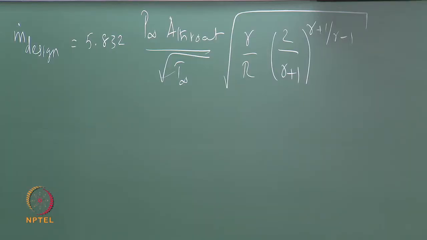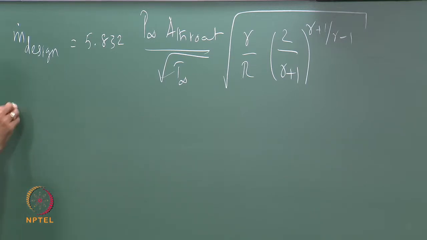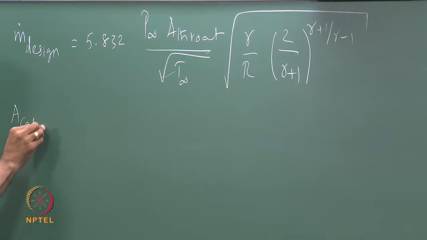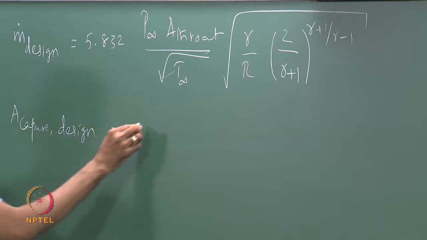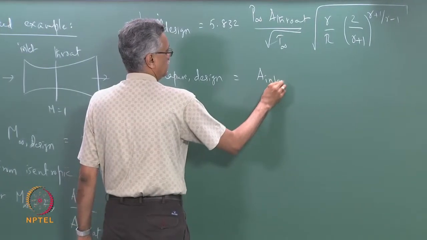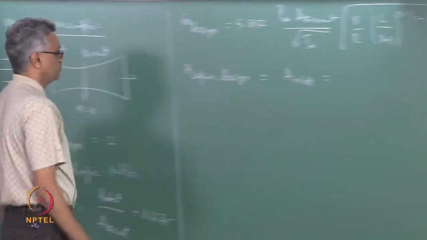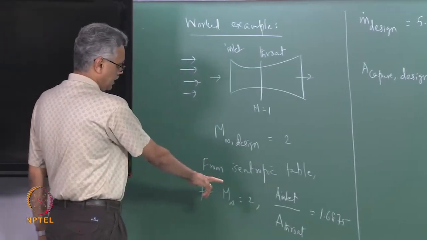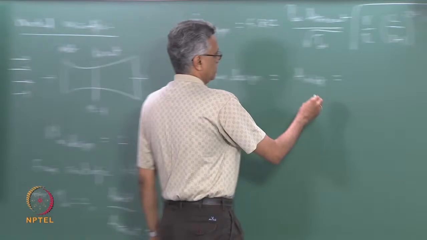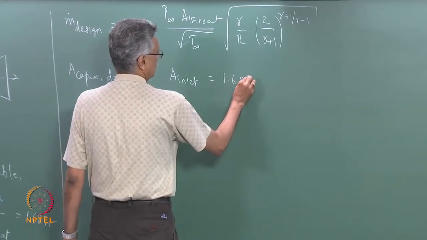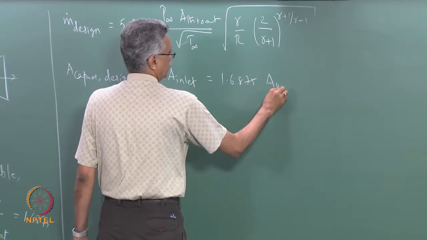And we also showed the capture area for this case to be equal to the inlet area. So, A capture for design condition we showed was equal to A inlet. Using the fact that for the design Mach number A inlet over A throat is equal to 1.6875, this can be written as 1.6875 times A throat.